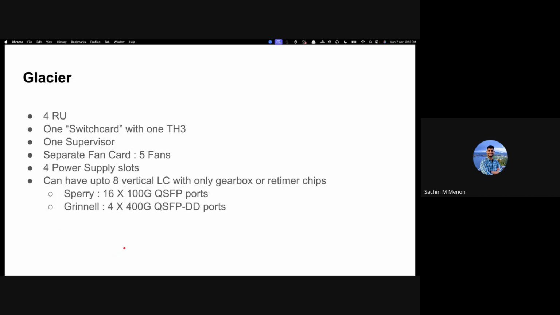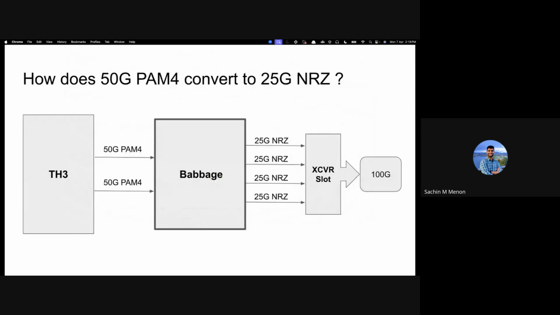One more, where we had the block diagram. Yeah, this one. So let's say each line card will get 32 SERDES, and each line card has four Babbage gearboxes, right?